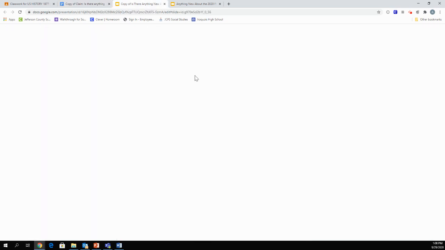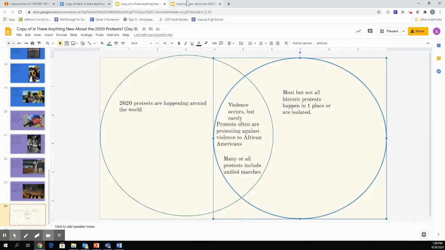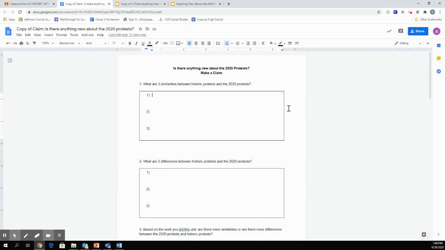So take some similarities, take some stuff from the middle. What are 3 similarities? Marches. Marches always seem to occur no matter when the protests happen.